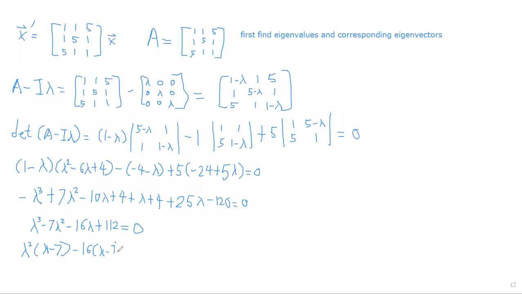Lambda squared minus 16 times lambda minus 7 is 0. Okay, so lambda squared minus 16 is 0, lambda minus 7 is 0. We have 3 eigenvalues. Lambda 1 is equal to 4, lambda 2 is negative 4, and lambda 3 is 7.